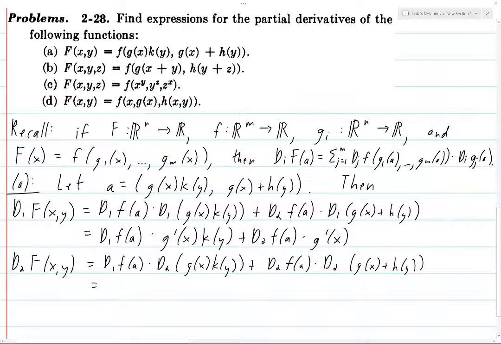So this is going to be D1 f at a, and this time g(x) stays because it's a constant being multiplied by k prime of y. And then we add D2 f at a times, and now the g(x) drops off, and so we just have h prime of y. Okay, so there we go. And that's part A. So that's a general idea on how we do these.